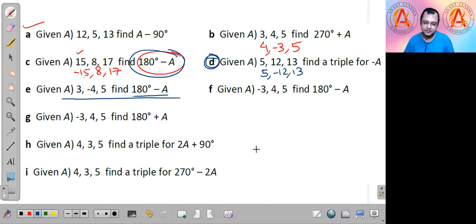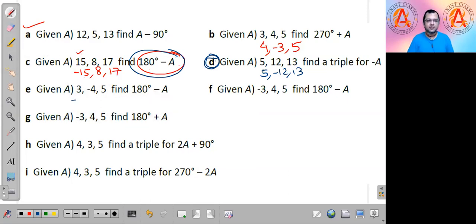Number E. Answer, yes, minus 3, minus 4, 5. Correct. Yes.